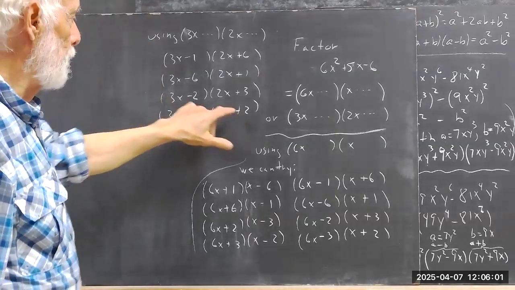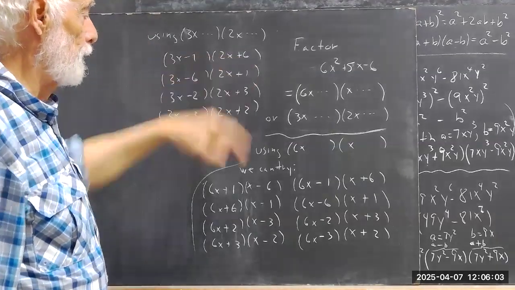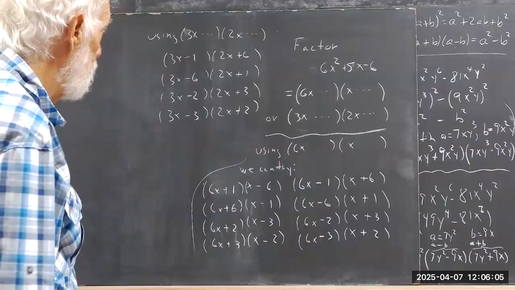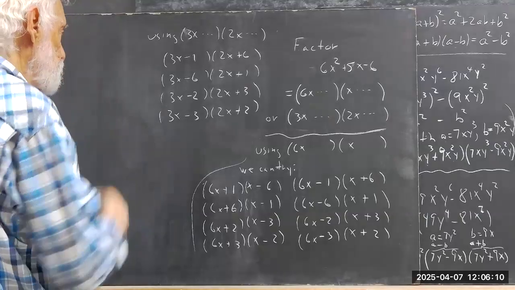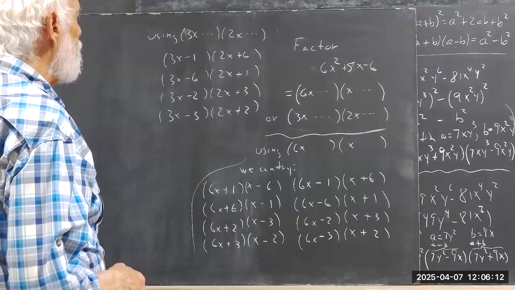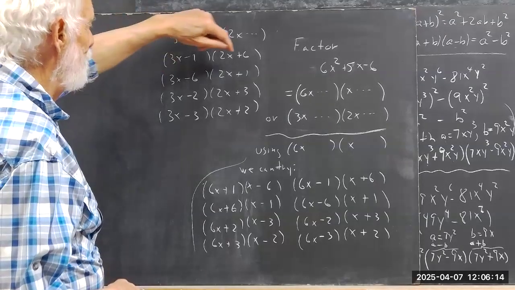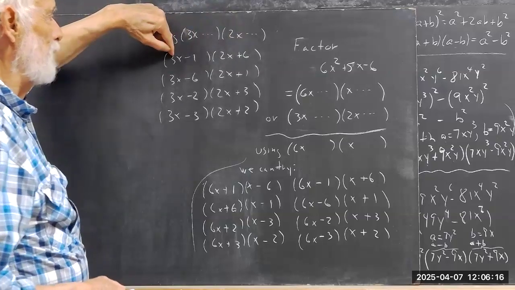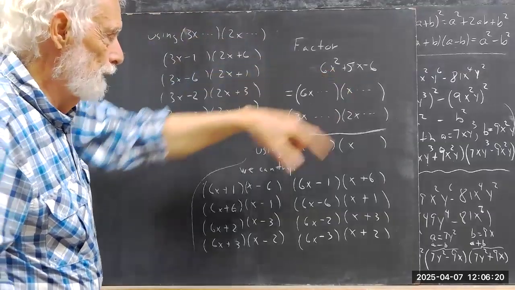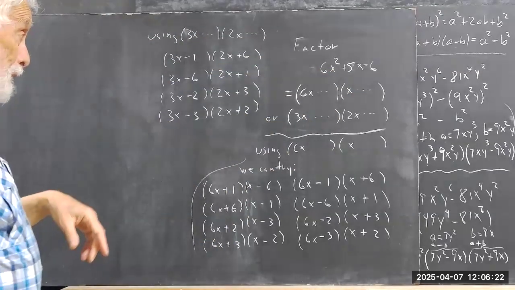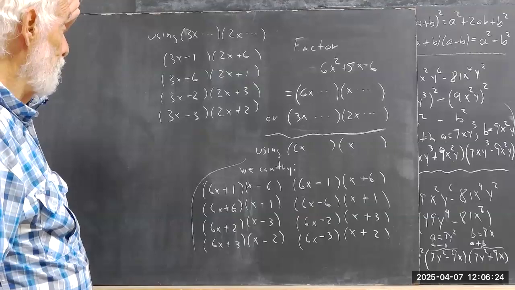In each case, you're going to get a -6, this number and this number. Six times 3x is 18x, and -2x is not going to give us 5x. Write these out. It's clear it's not going to work.